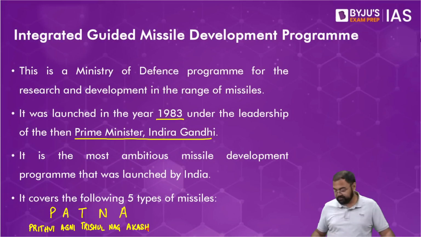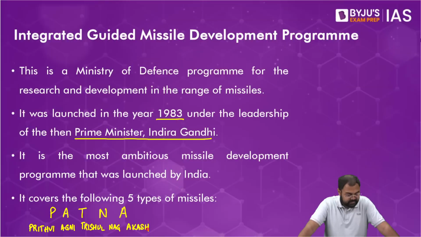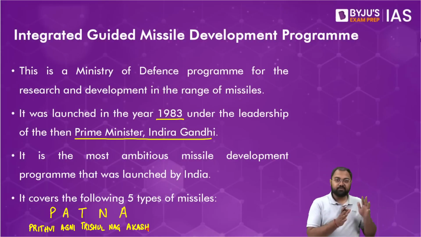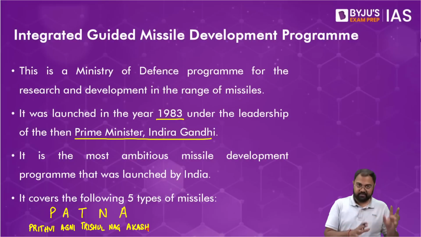These are the five families of missiles that we developed as a part of the Integrated Guided Missile Development Program. So in this manner, this is how we started working on it, and each and every one of these missiles had a speciality. These are all different types of missiles that we started developing. So keeping one part of our defense program in mind, one kind of missile family was being developed.